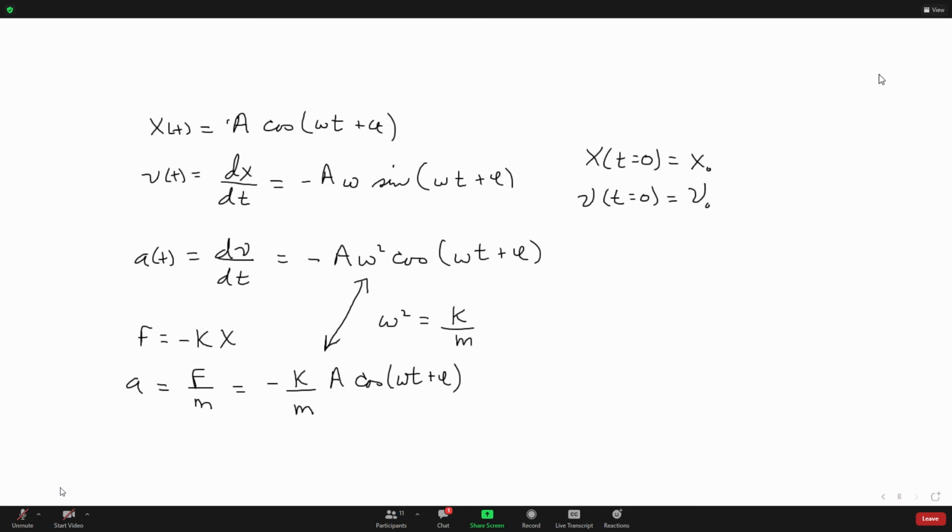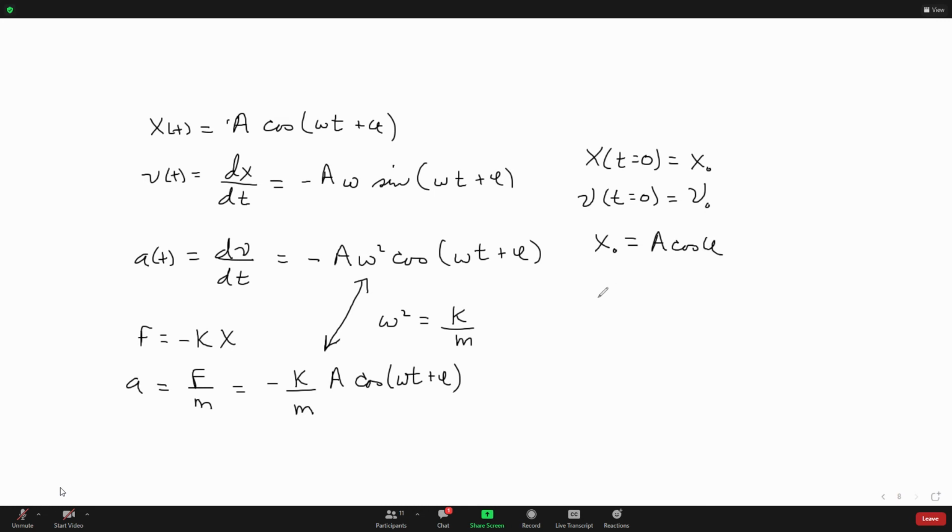Now, I know that x at t equals 0 is x0, and that must be equal to A times the cosine of the phase angle phi.